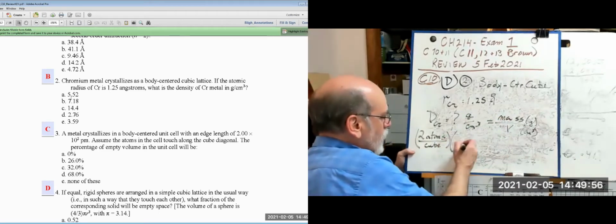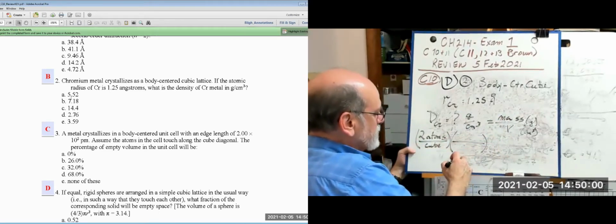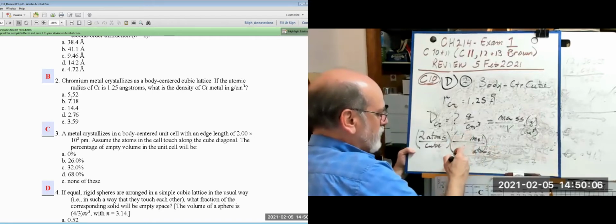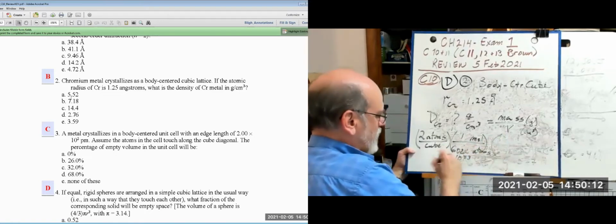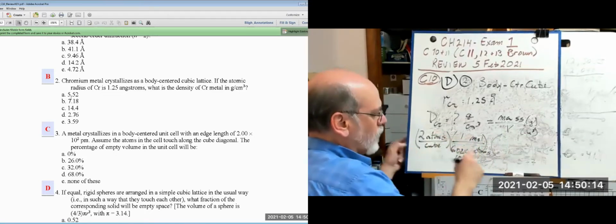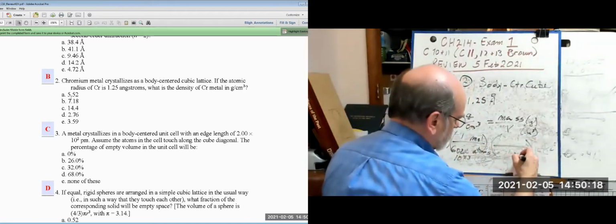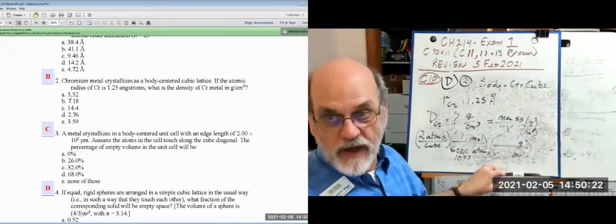All right. So we need how many atoms in a mole? Right? Avogadro's number. Okay, that gets rid of atoms. Now we got mole. What else do we know? We know the molar mass of chromium because we have a periodic table.